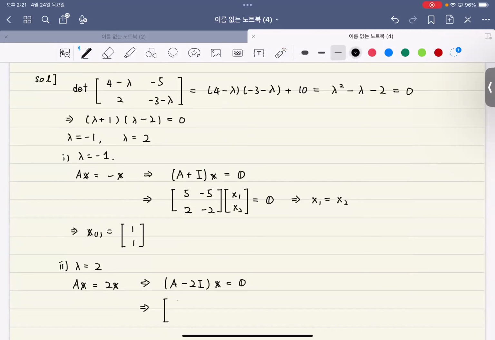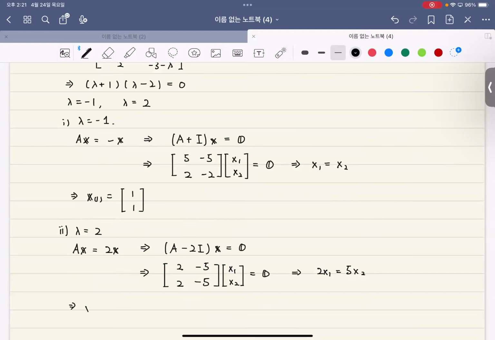So 2, minus 5, and 2, minus 5, times x1, x2. So I have 2 x1 is 5 times x2.